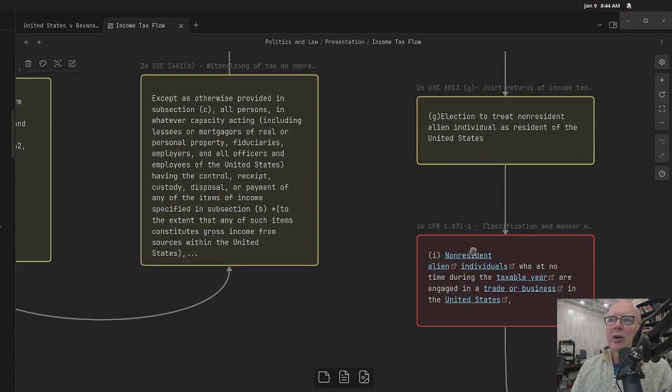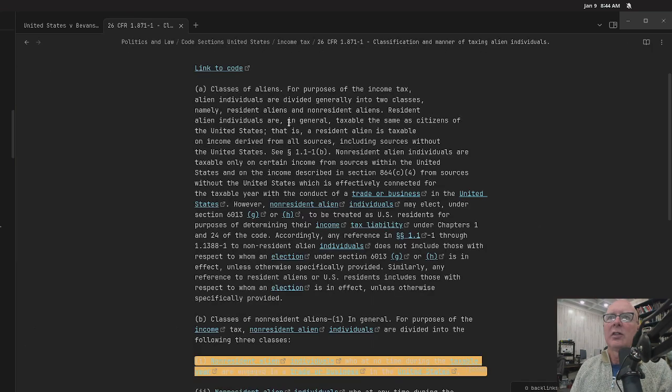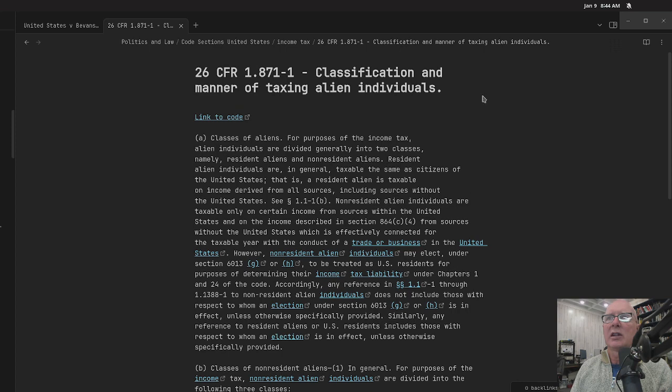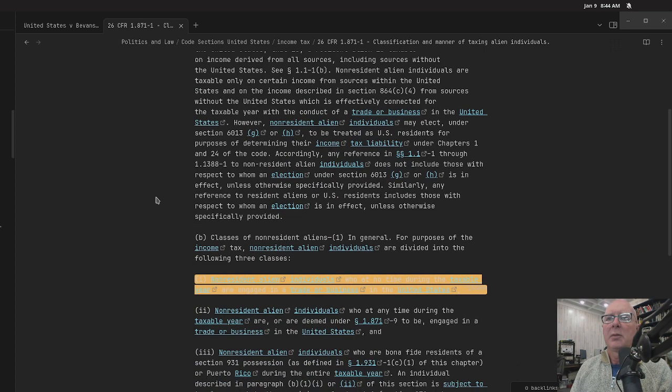Classification and manner of taxation of non-resident alien individuals who at no time during the taxable year are engaged in a trade or business in the United States. This section is classification and manner of taxation on alien individuals. I'm going to get to this over there, but since I'm here, classes of non-resident aliens in general for the purposes of income tax: non-resident alien individuals are divided into three classes.